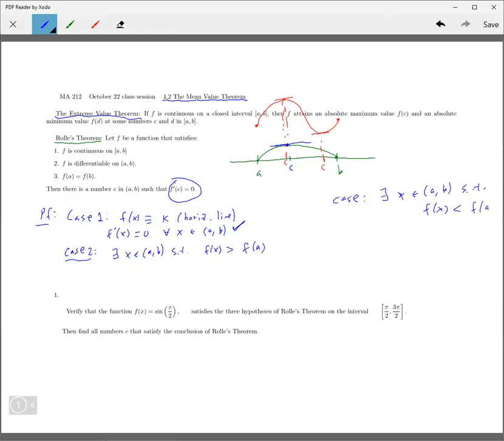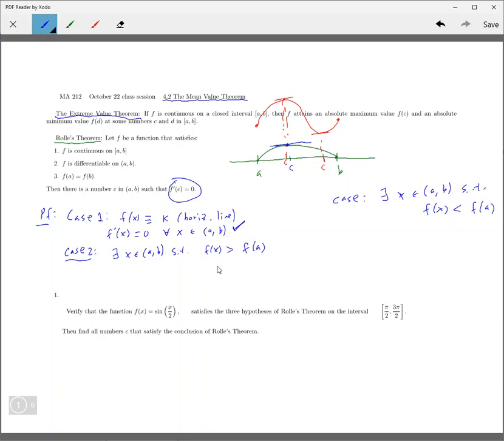So unless it's constant, if it's not constant, there has to be at least one value that's greater than f of a, or a value that's less than f of a, because f of a is a value there.